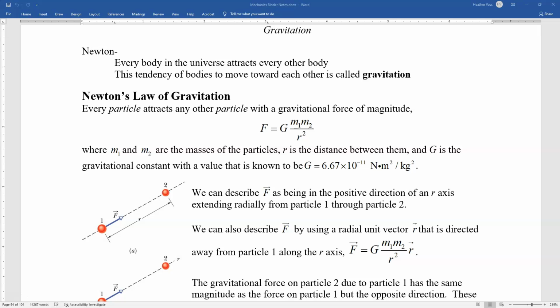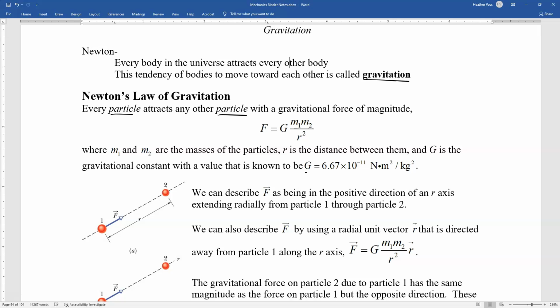This tendency of bodies to move towards each other is what we refer to as gravitation. That is that tendency. So, since every single particle is attracted to every other particle, we could actually come up with a gravitational force with a magnitude that is going to be G m1 m2 over r squared.